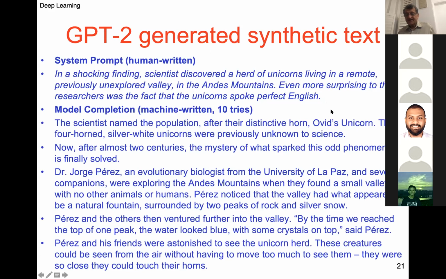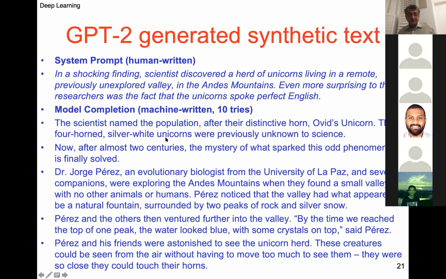It was not like the cat sat on the mat, that was just a word. Here it is generating sentences of text. The next sentence was, the scientists named the population after the distinctive horn. This is the model completion. It's naming it Ovid's unicorn. The four-horned, silver-white unicorns were previously unknown to science.